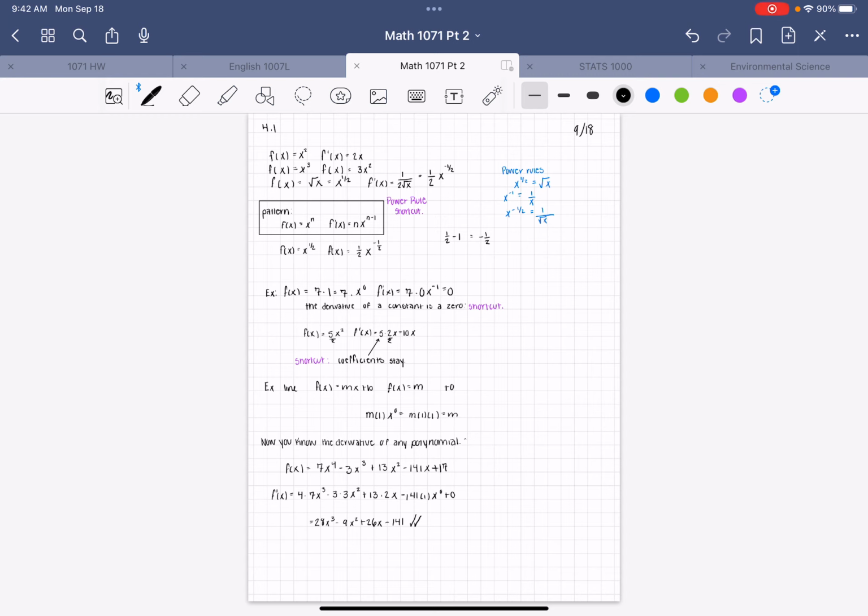They didn't prove it, they simply put it in the calculator. And for the log, it says the complete proof can be found in the enrichment subsection. So here in 4.1, there are a couple other shortcut rules, and they just give these at face value.